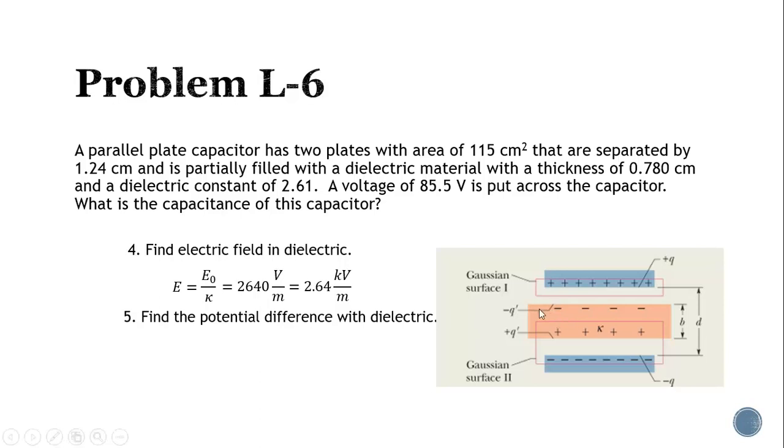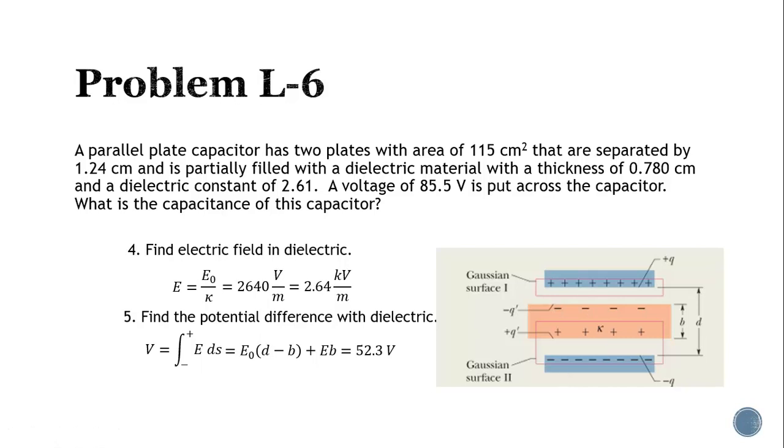The next step, I'm going to find the potential difference with the dielectric. The way to do that is to integrate E from the negative side to the positive side. It happens to work out that the electric fields are all in this direction. So we'd have E0 times (D minus B), which would include this area and this area, plus E times B, which would include the region where we're in the dielectric.